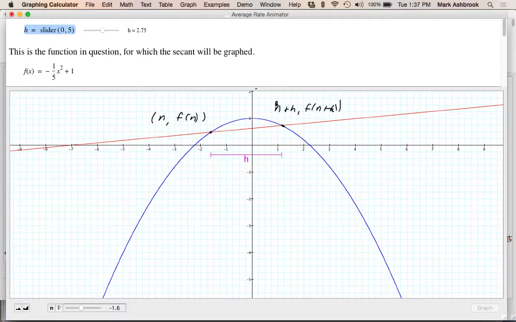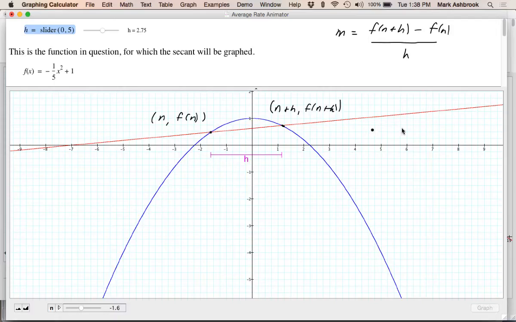So we could write the rate of change as all over, which just ends up being h. So n plus h minus n, totally fine, but it just ends up being h. So look, we have this point, and then we have this rate of change.